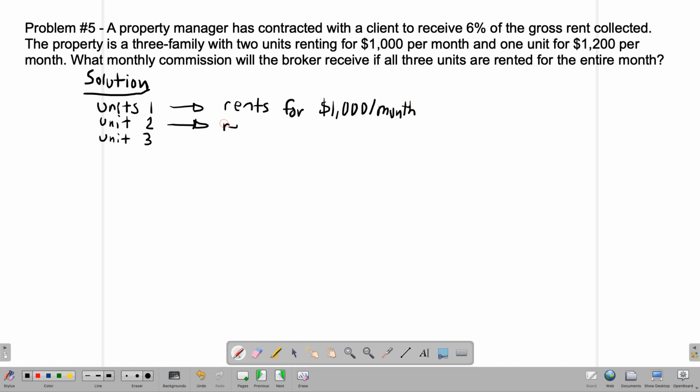Okay, so same thing here. Rents for $1,000 a month. And then the third unit rents for $1,200 a month.